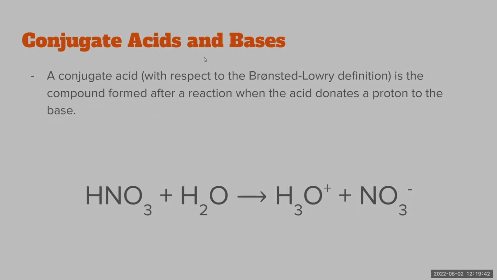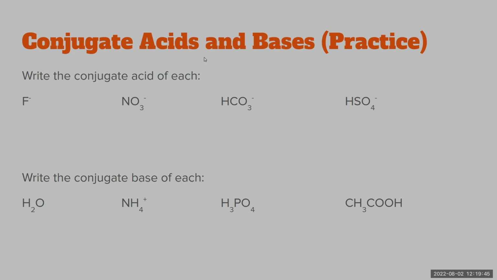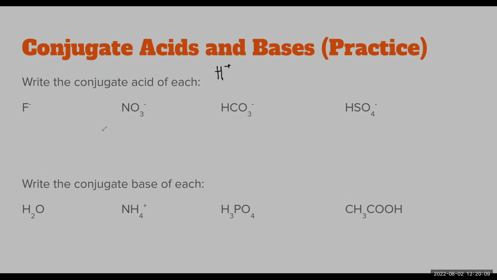All right, so a little practice. It's just going to be write the conjugate acid and conjugate base for each of these examples. I'm going to give you a moment to try it out. Basically, for the conjugate acid, one trick I like to do is you want to add one H+ to each one of these compounds, and then you find out what the formula you get is. That will be the conjugate acid.